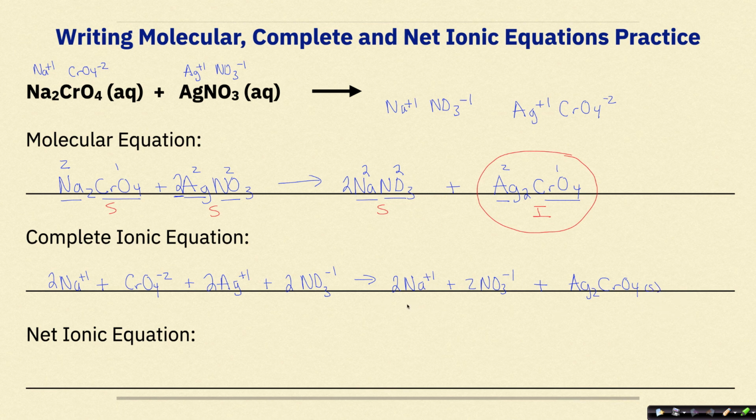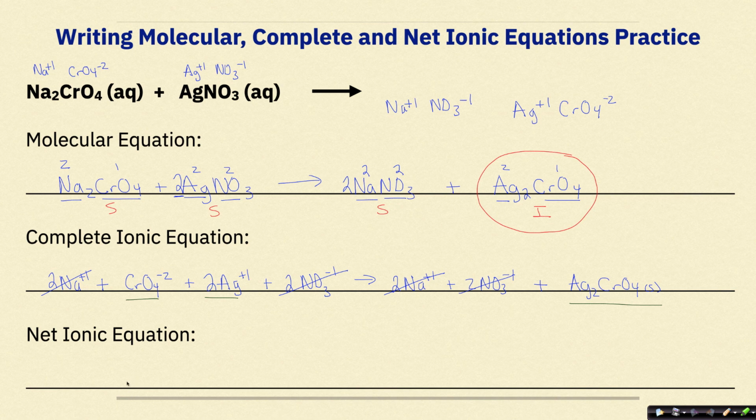Next thing I'm going to do is cross out my spectator ions. You know I am. All right, 2Na+1, 2Na+1, 2NO3 -1, 2NO3 -1. Lovely. So what I have left here is CrO4 -2 and the 2Ag+1, which will come together to make my solid. So my final net ionic equation, and I usually like writing my positive ions first.